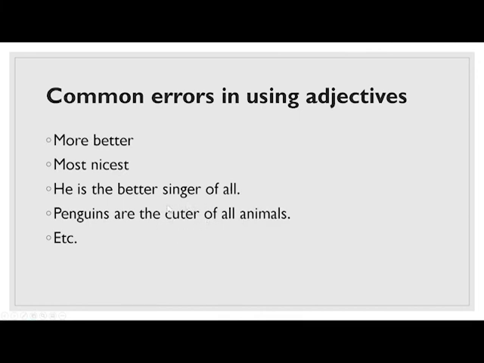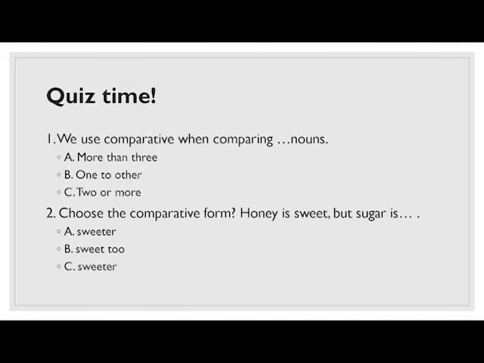So, the cutest of all animals. Penguins are the cutest of all animals is the correct sentence. You can think of some errors that you make when using these adjective comparisons and write them down. And as you do, you will not repeat them again, I would say, because it helps you remember them. And another quiz time.